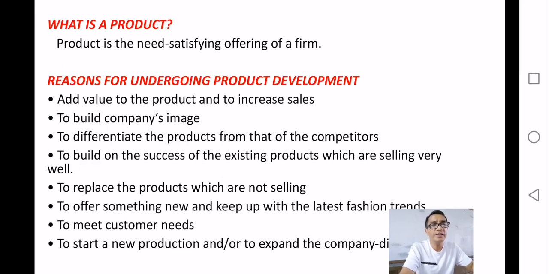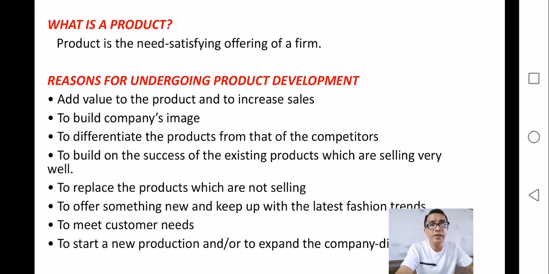We cannot just introduce a product and forever that will be the product. So if you try to observe even the products that we can find in the market, sometimes the product itself is the same. What changed? The packaging, sometimes the labels changed. So even with those little details, those details may have an effect on our consumers.